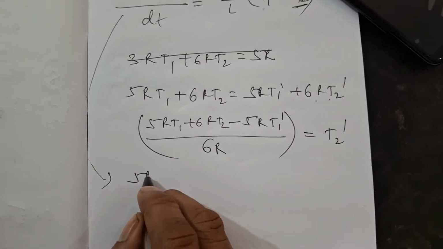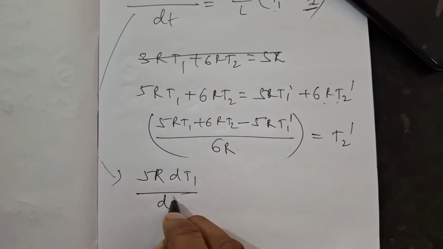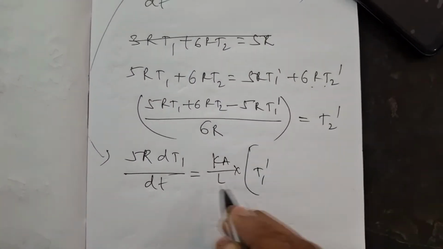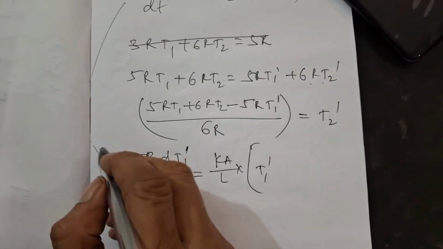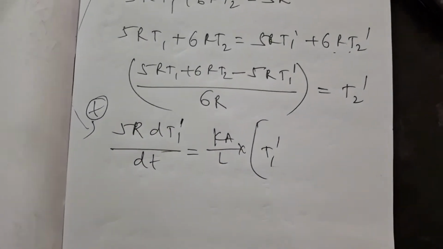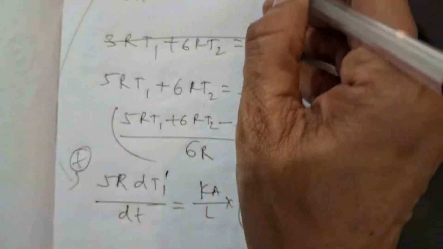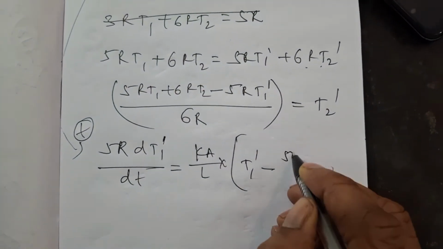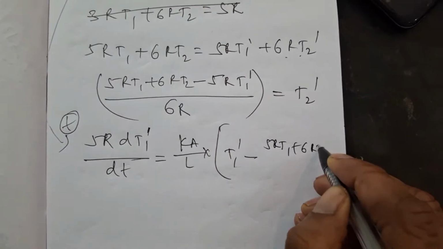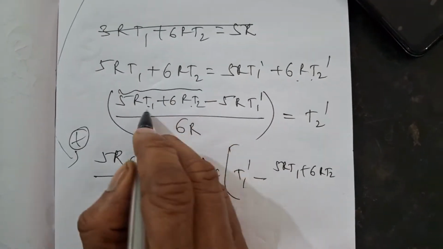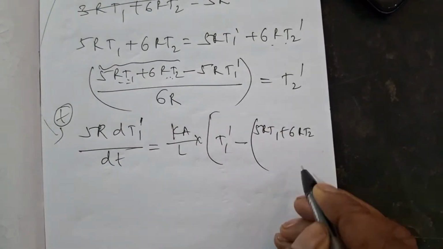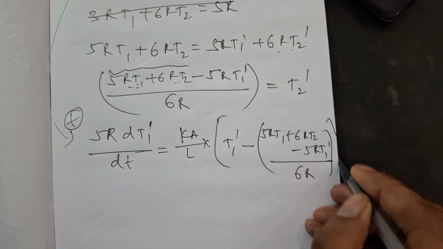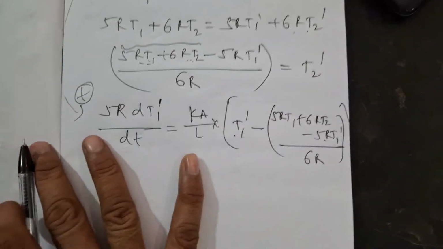So 5R dT1 by dt equals KA by L, T1 prime minus T2 prime. At any time t we drew these equations. On the place of T2 prime, please put this value here. These are constants, T1 and T1 plus T2 are constants. This is a calculative question. Now T1 log will come. Your answer is in log.